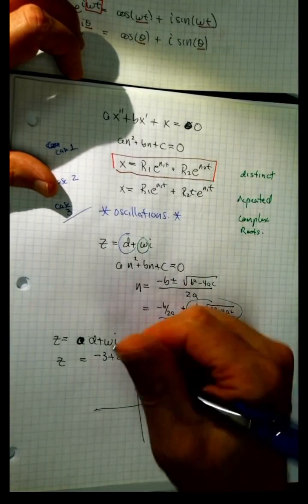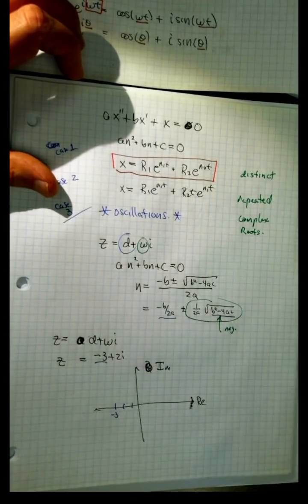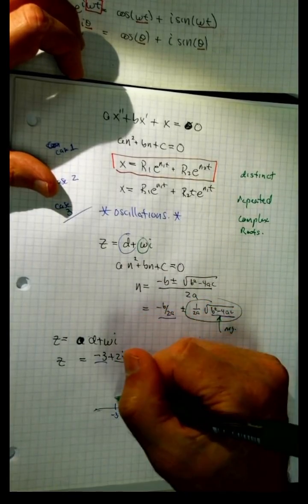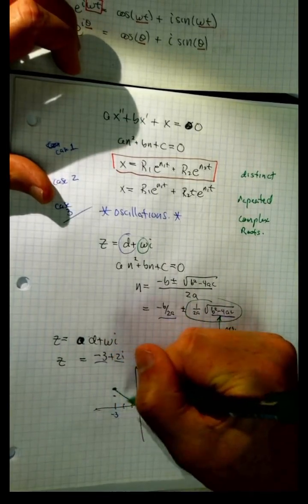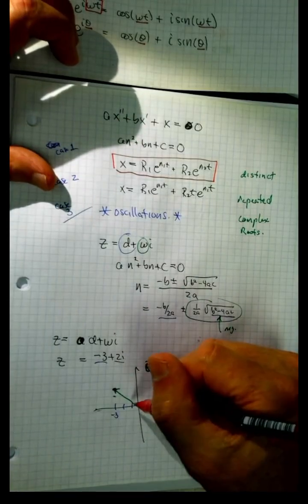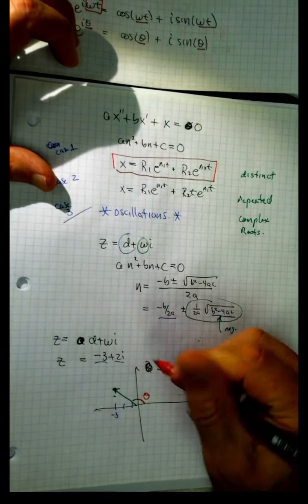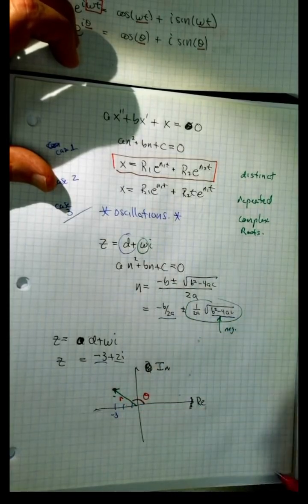So I can think of this as the horizontal is going to be minus 1, 2, 3, and the vertical is going to be in that direction. So this number I can think of in that form, and I can think of this as having some angle away from the positive real axis and some length r.